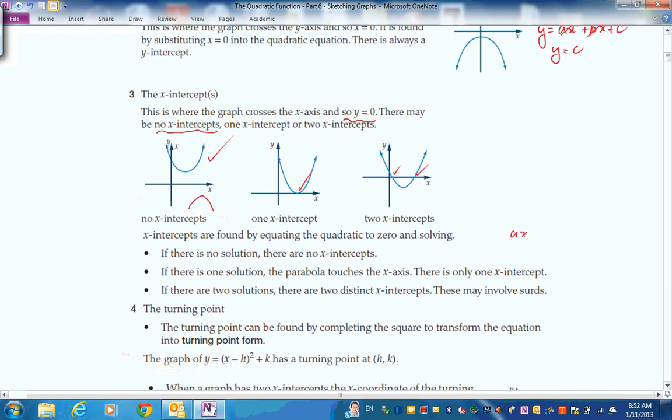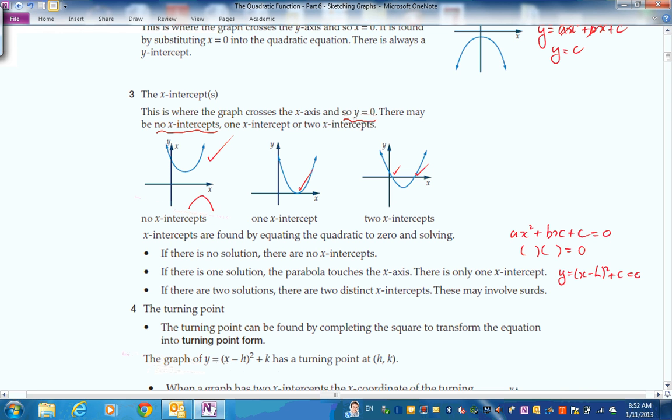You put your function equal to naught, and then you invoke the null factor law, and you try to factorise it. Okay, if it doesn't factorise, you can use the perfect square form. Okay, put it in a perfect square form, and then go on with that. Do you remember that? Difference of two squares and stuff. Okay, so we did that.